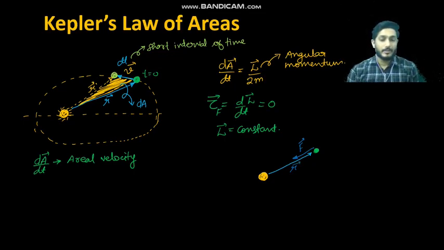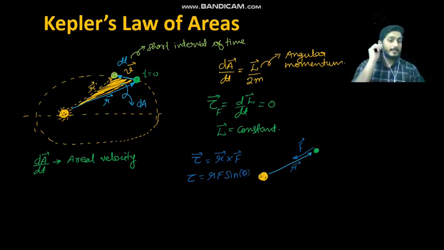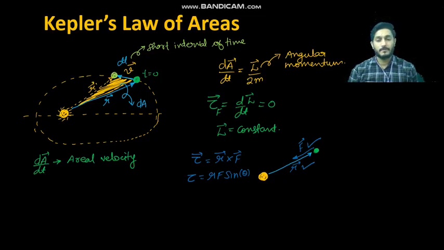Now the torque's formula is simple, r cross F. Or if I write the magnitude of torque, it is simply r F sine theta, where theta is the angle between r vector and F vector. Here we can surely say that the angle between these two vectors r and F must be 180 degrees because they are anti-parallel to one another.